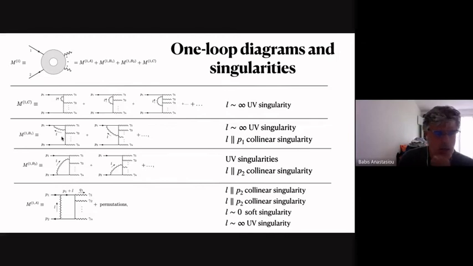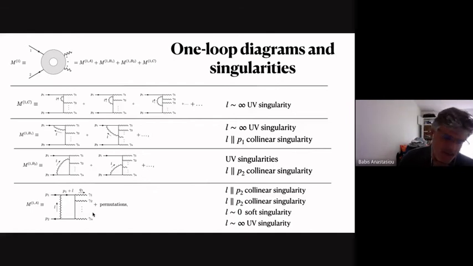A collinear singularity can appear in this type of graph when you have an incoming particle which splits into 2 particles, and these can become collinear. And there are many of these graphs. So this collinear photon can end up anywhere in the hard part, in the off-shell part of the amplitude. You get it for one leg, you also get it for the second leg.